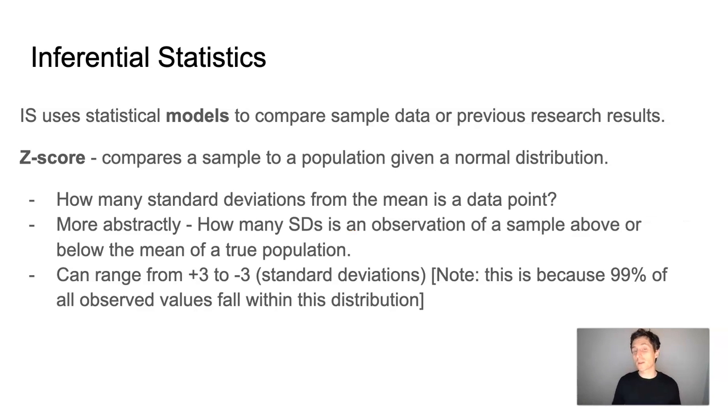One way to think about a z-score is it's telling us how many standard deviations from the mean any one given data point that we have is.